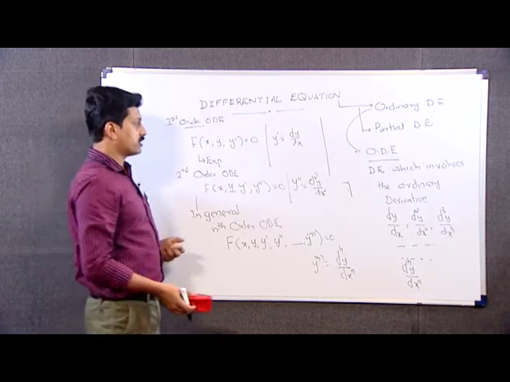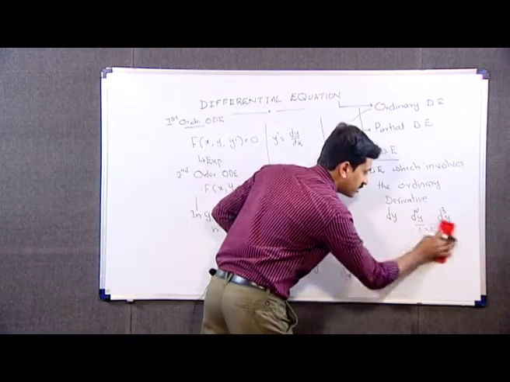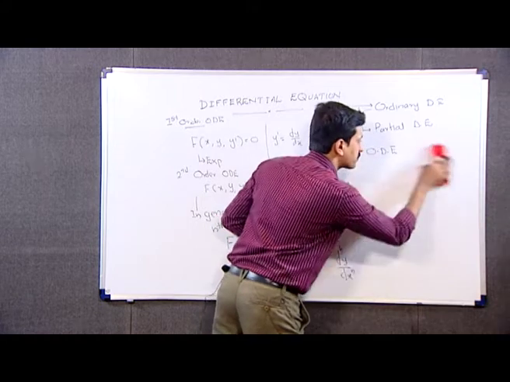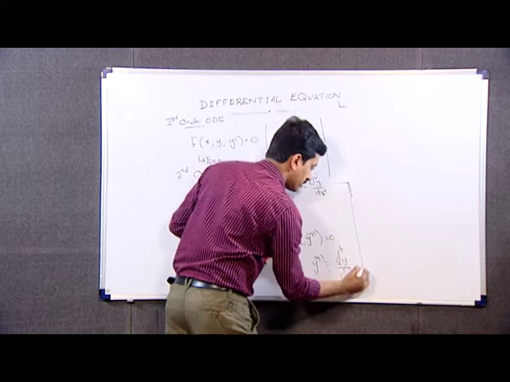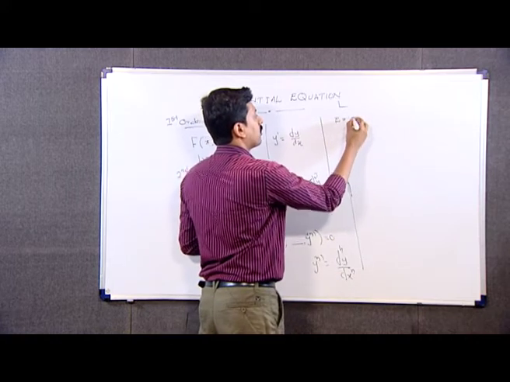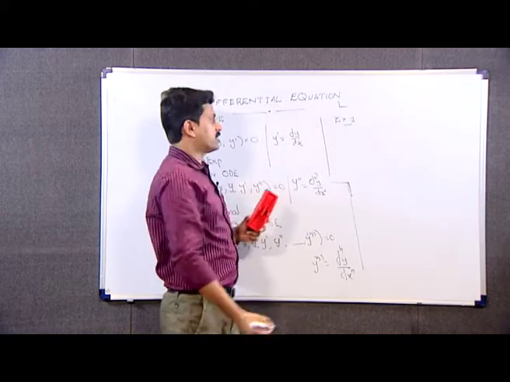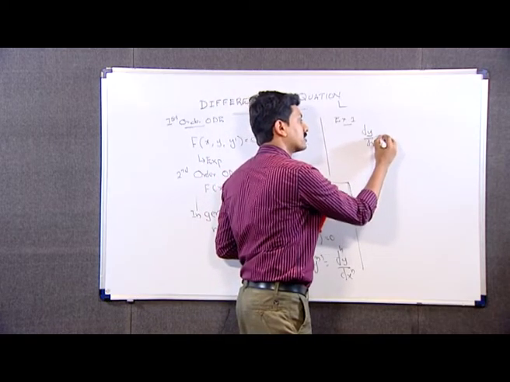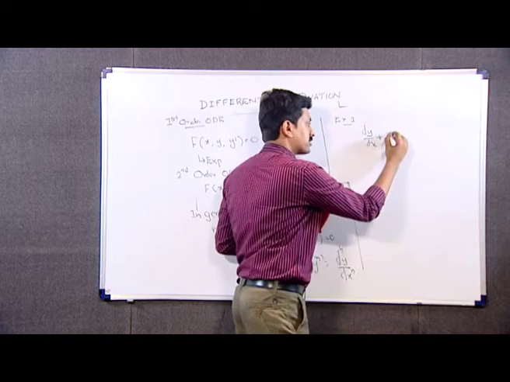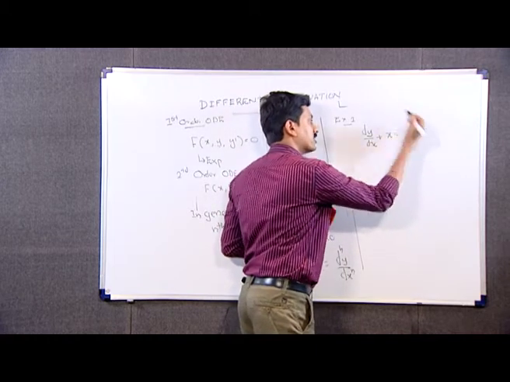We can move to some examples of differential equations. Here we have some examples. This is a differential equation: dy by dx plus x equal to e raised to x.